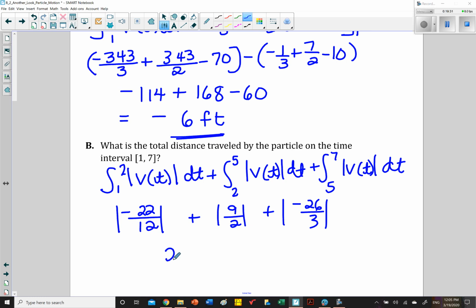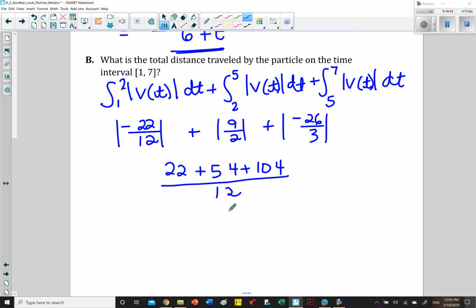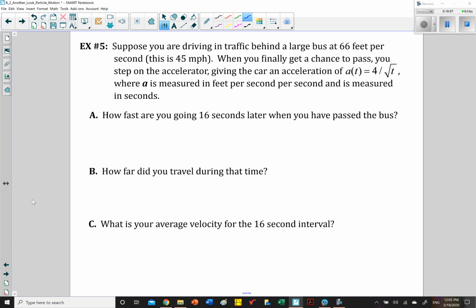So getting a common denominator of 12, we have 22 plus 54 plus 104 over 12, and that area adds up to 15 feet. So it's important to pay attention to where the graph becomes negative.